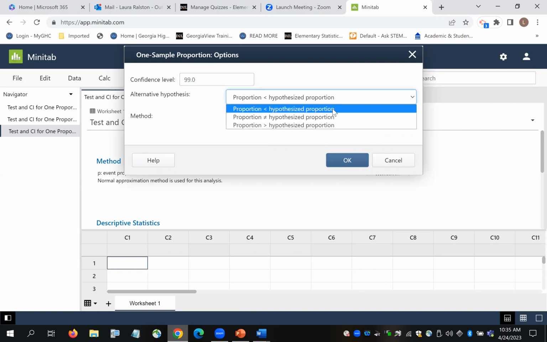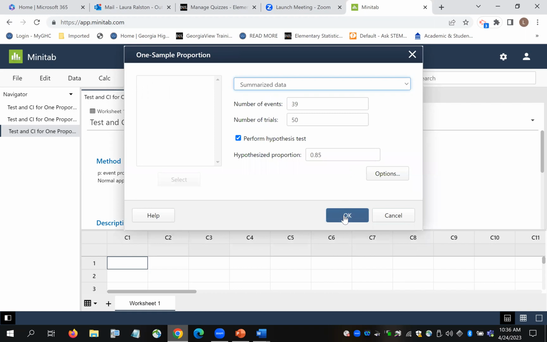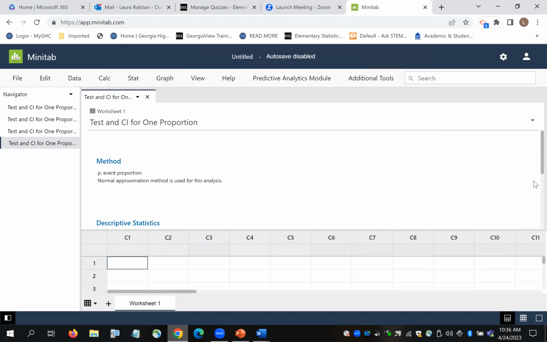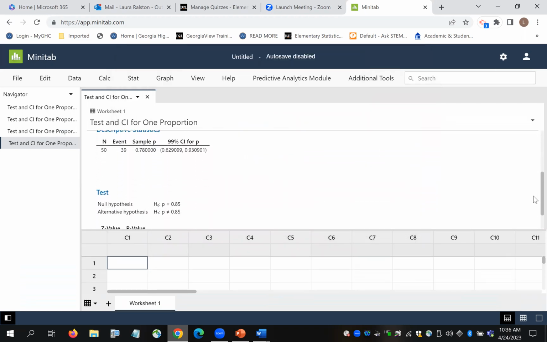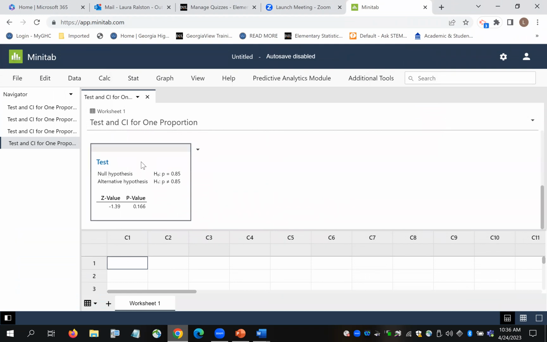I'm hypothesizing that it differs or is not equal. And I always use a normal approximation. Scroll down to get your test results.